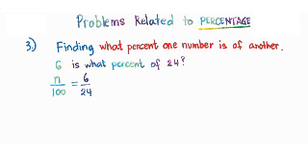Now n over 100 is equal to 6 over 24. Now this is over 100, then we multiply both sides by 100. The purpose is to eliminate this 100 below on the denominator.